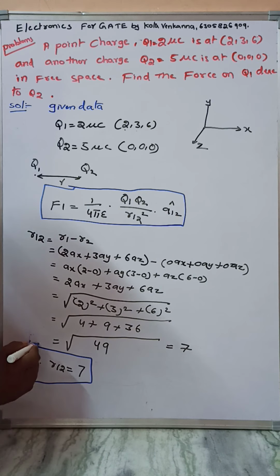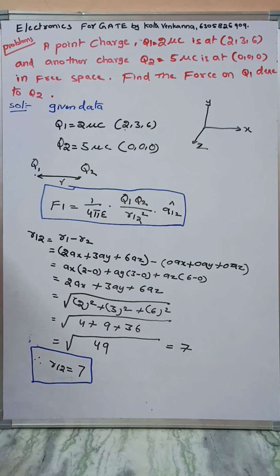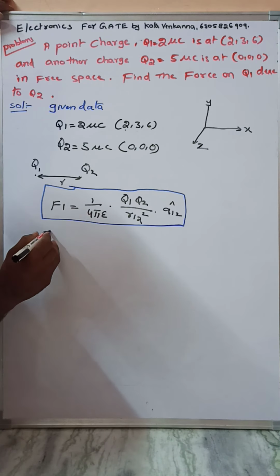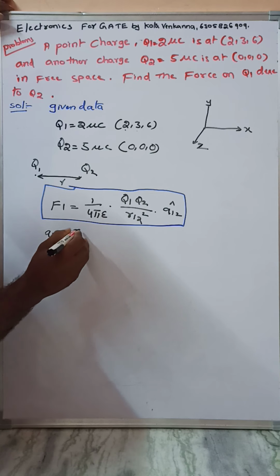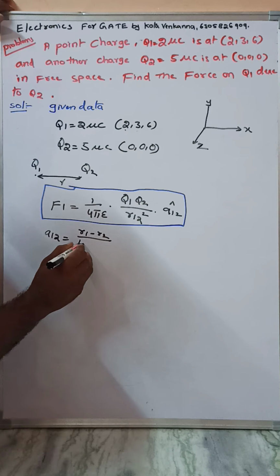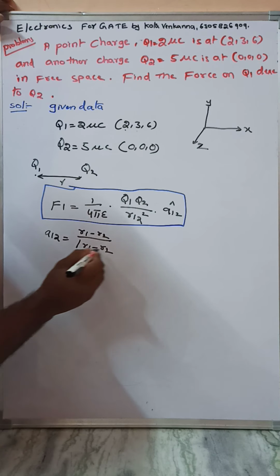Next we have to find out the value of A12. A12 is equal to R1 minus R2 by the module of R1 minus R2.